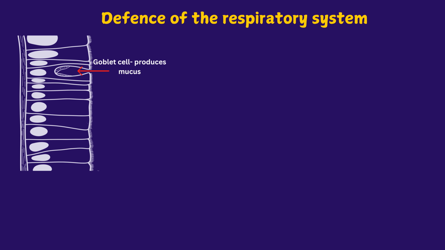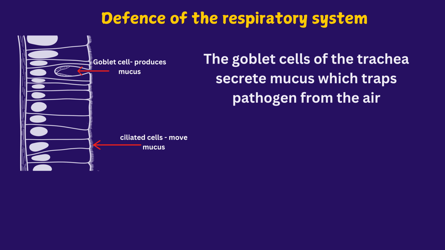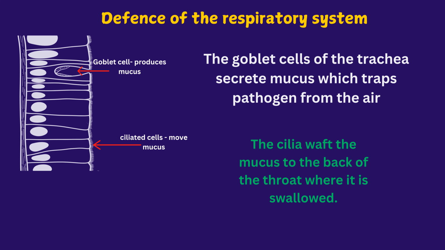One type of cell is called goblet cells, and these produce mucus, and the other cells are ciliated. Remember, cilia is a hair-like structure that is always moving in this sweeping motion, wafting anything that comes into its path. So if the pathogen enters the trachea, what is going to happen? One, the goblet cells of the trachea secrete mucus, which traps the pathogen from the air, and then the cilia would waft the mucus to the back of the throat where it is swallowed.